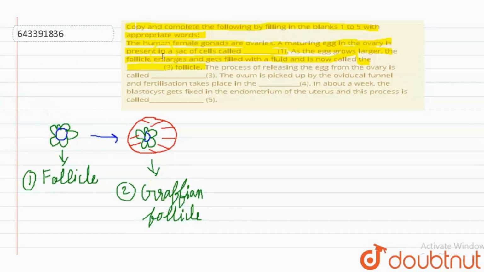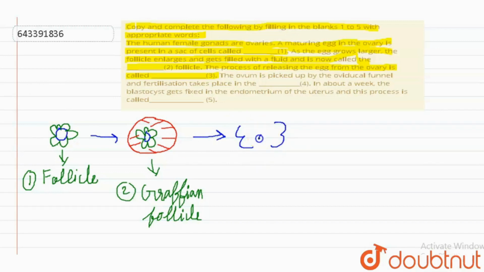Now moving on. The process of releasing the egg from the ovary is called as dash, which is the third blank. Now as the ova is fully matured in the follicle, it will come out. So for example, this is an ovary.